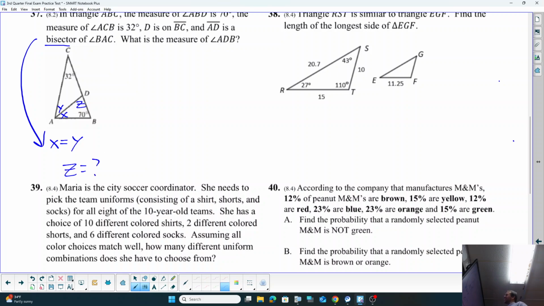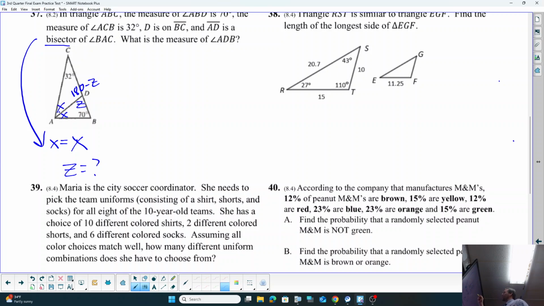Let's see. So whatever Z is, it's going to be 180 minus Z for this one. I don't know if that helps us at all, maybe. I know that they should both equal 180, whatever they are. So since x equals y, we'll just call those both x's.